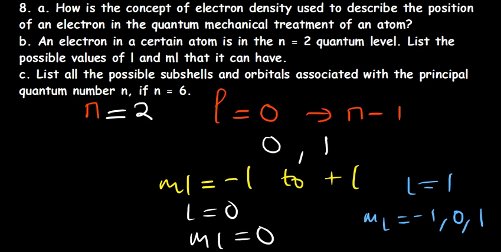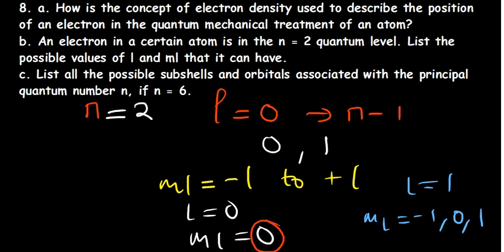I did explain what this stands for. L, the angular momentum quantum number, represents the shape of an orbital. For 0, it's an s. For 1, it's p. For 2, it's d. And for 3, it's the f orbital. And then ML, which we are seeing below, represents the number of orbitals you can have.